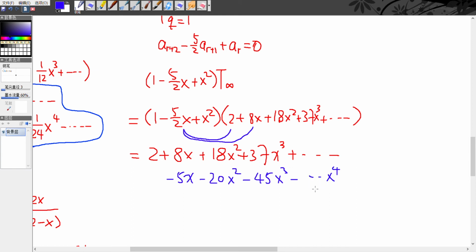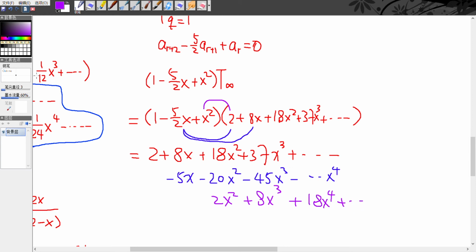Now let me see, I should use purple. So this is 2x squared plus 8x to the 3 plus 18x to the 4. Never mind.